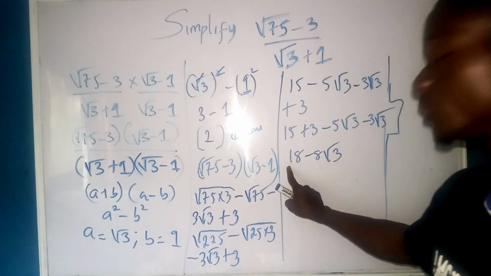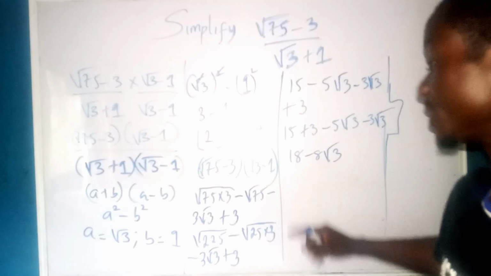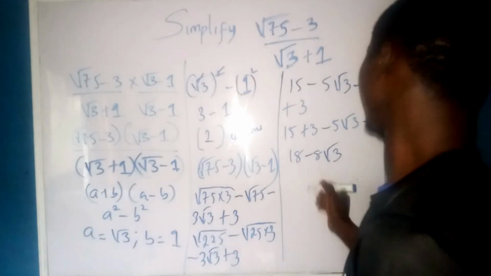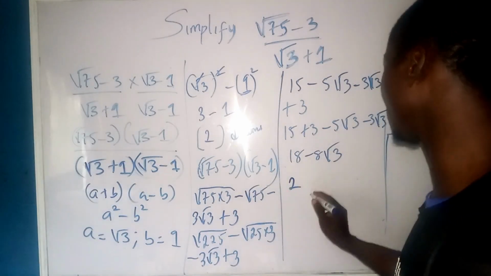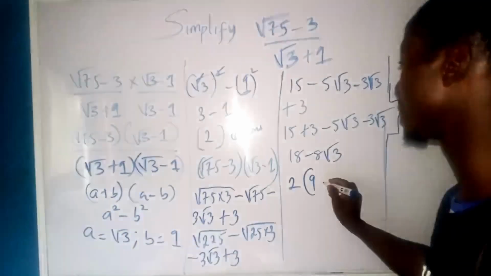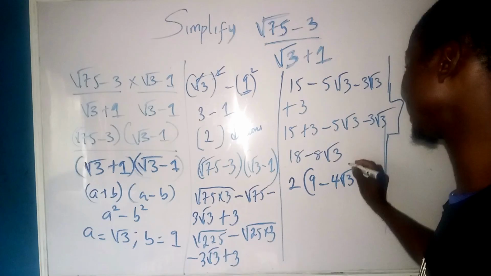But we can solve further. We have something common before and after the minus sign, so we can factorize it, because 2 can go into both. When you bring 2 out of both in brackets, 2 into 18 gives us 9, then minus 2 into 8 gives us 4 root 3, close the bracket.